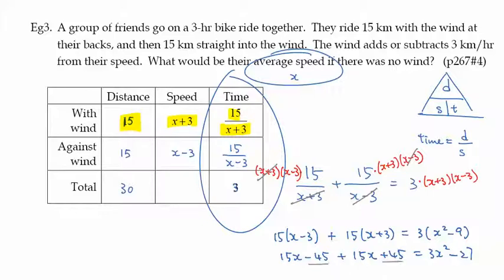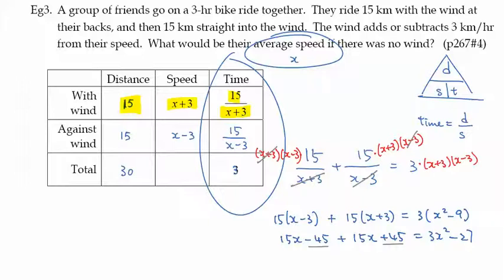Negative 45, positive 45 will be gone. 15x plus 15x, that's 30x. So this will give us 3x squared minus 30x minus 27.